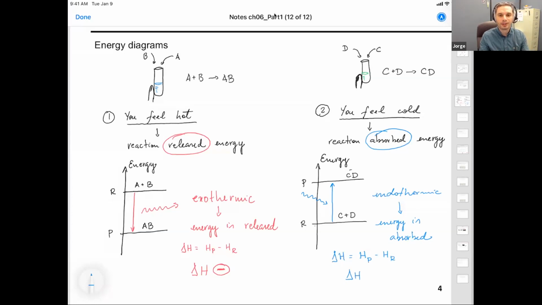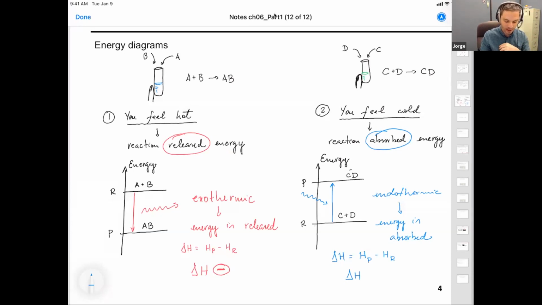To decide about the sign, let's take a look at our energy diagram. We know for sure that energy was absorbed, meaning the energy of the products now is higher than the energy of the reagents.